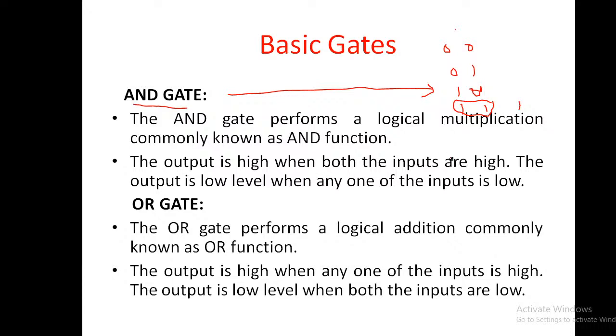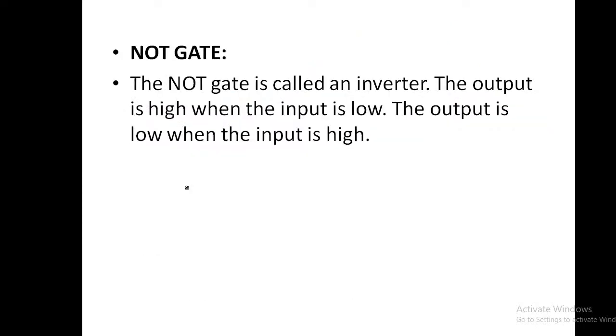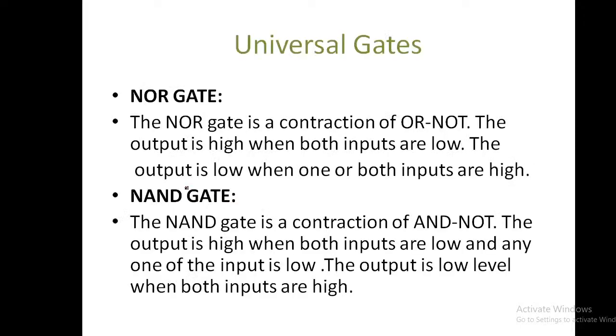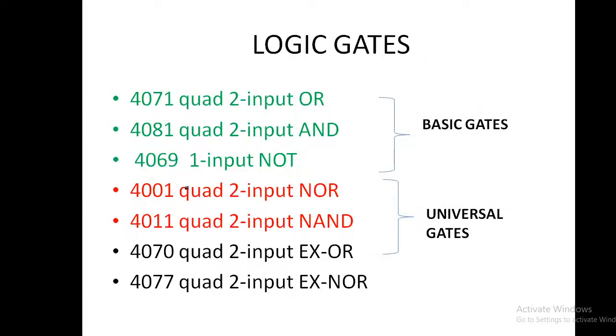Now for the OR gate, if any of the inputs is 1, the output will be 1. The NOT gate is also known as the hex inverter. If the input is 1, the output will be 0. All of you know that, right? NAND and NOR are known as the universal gates. Now this is very important.